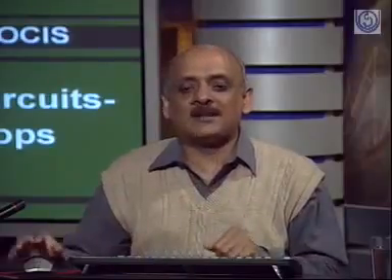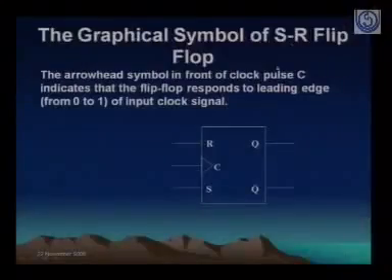Now, how are flip-flops represented? The graphical symbol of the SR flip-flop is shown here. The arrowhead symbol in front of the clock pulse C indicates that the flip-flop responds to the leading edge, that is, the change from 0 to 1 of the clock pulse, or the rising edge, right? So there is a leading edge symbol over here. There are two inputs, R and S. We have Q and Q prime; in this case, we have put a bar, which may be visible if you look closely.